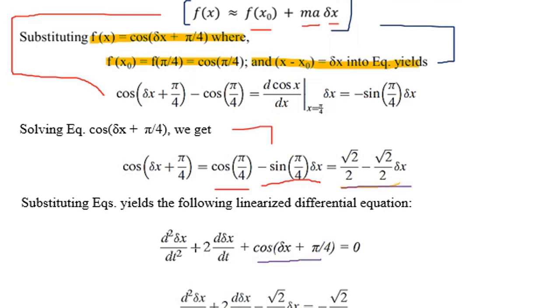Substituting this in the ODE obtained, we get our desired linearized differential equation of the system, and this ODE is valid for that specific region around pi by 4.